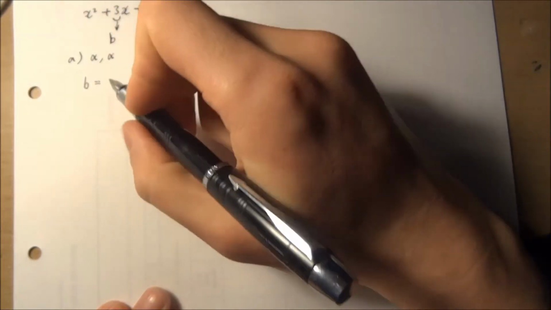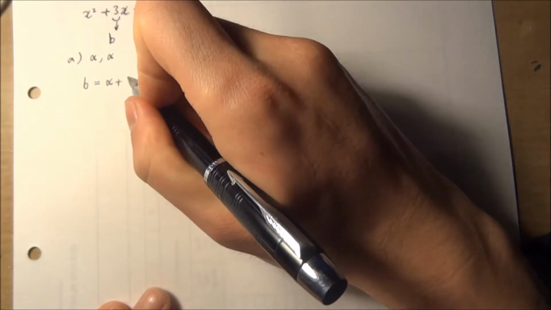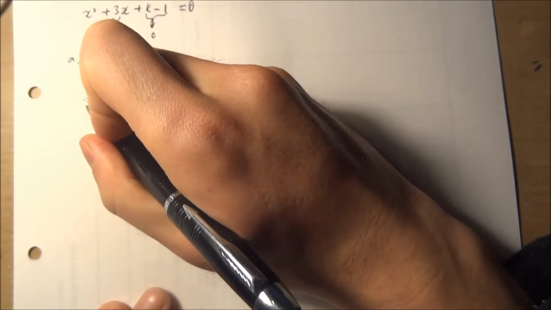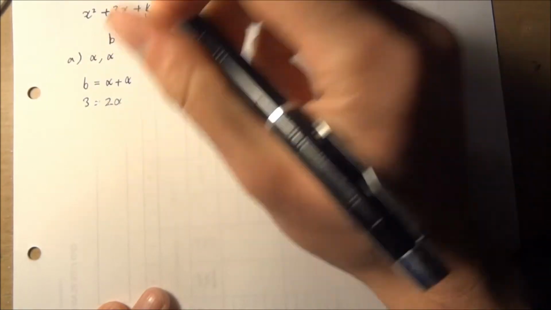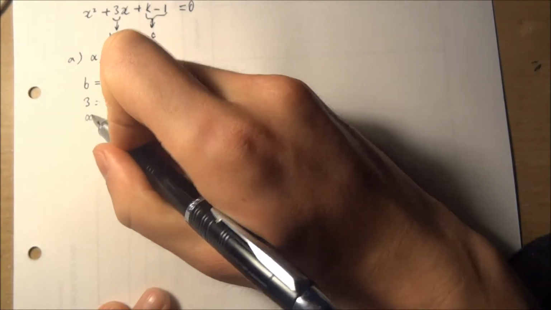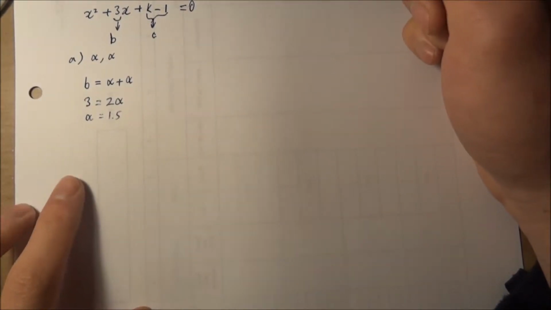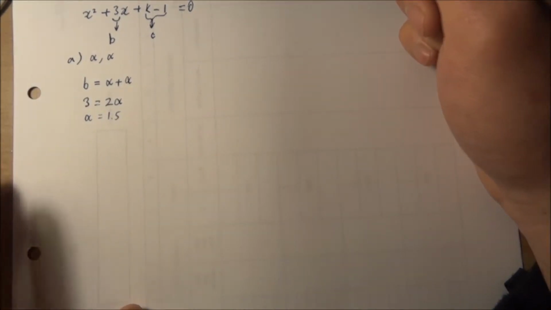So it has to equal alpha plus alpha, which means that 3 equals 2 alpha and alpha equals 1.5. So 1.5 is the two equal roots for this equation.